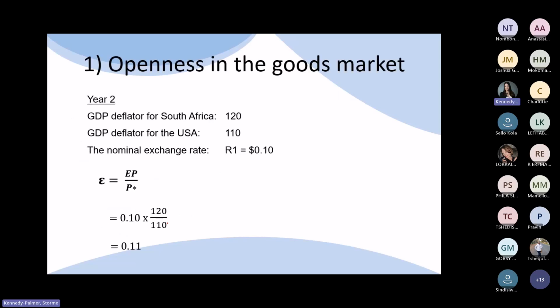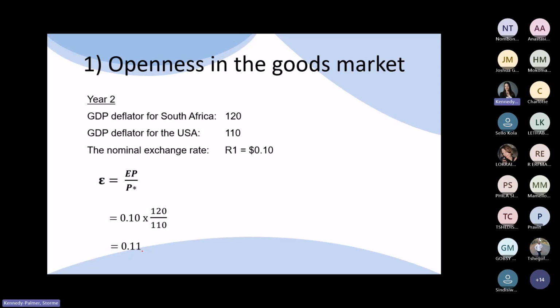In order to calculate that, we just pop it into our formula, and you see that our real exchange rate now is 0.11 American cents per 1 rand. So the real exchange rate is higher than it was, despite the nominal exchange rate remaining unchanged, because there was a higher increase in prices in South Africa.